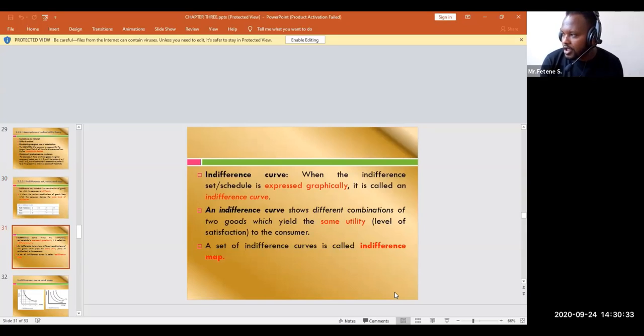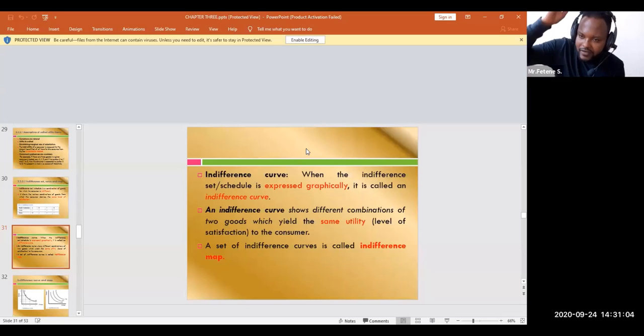When the indifference set or schedule is expressed graphically, it is called an indifference curve. The indifference curve is the combination of goods expressed graphically. This indifference curve shows different combinations of goods which yield the same utility or level of satisfaction to the consumer. On the indifference curve, the consumer derives the same level of utility.